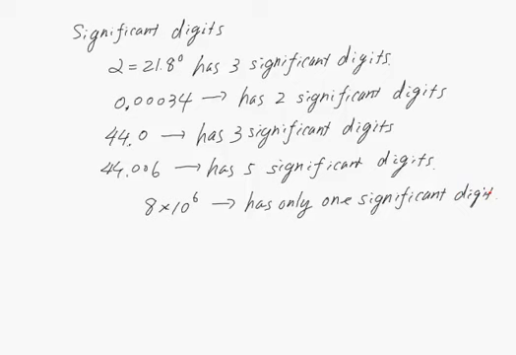But if your result is like this, 8.1000 times 10 to the 6, now in this case, you have three zeros to the right of the decimal point in this number.